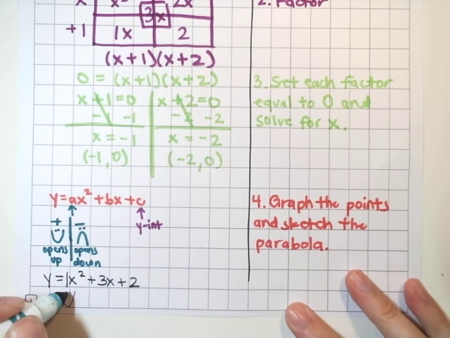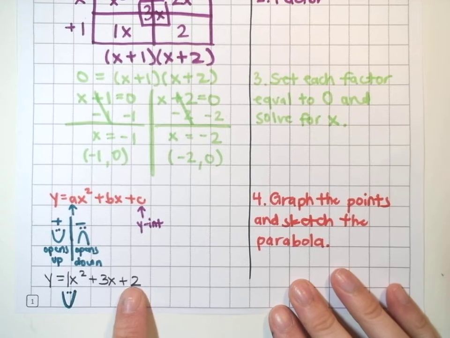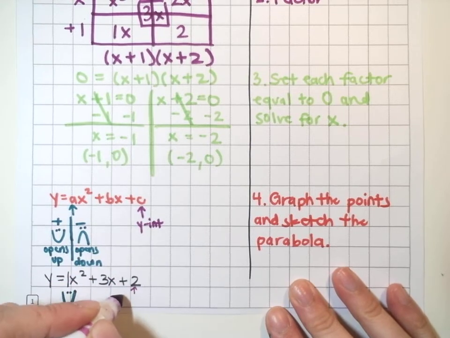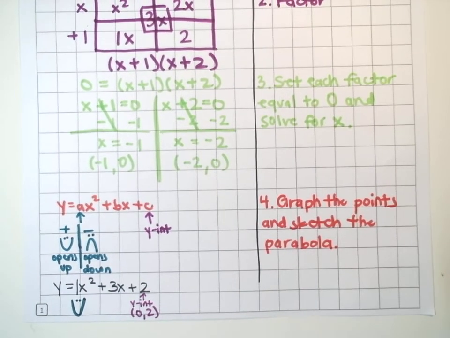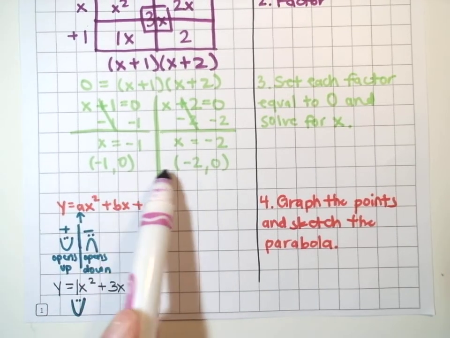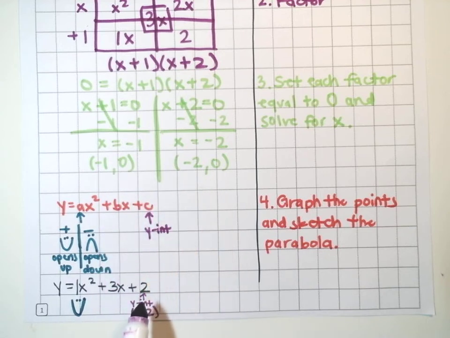And then we know that our y-intercept is 2. So we can also plot the point 0, 2. And then we just found our x-intercepts. So we have 3 points to plot, and then we know that our parabola is opening up.